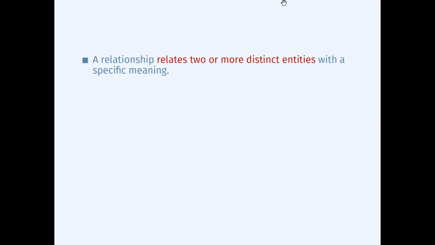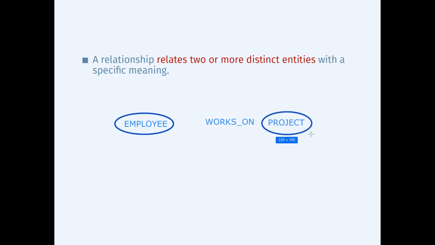So we will have, let's say, employee. So I'm going to type employee, okay? Employee. And then we have work on project, we can say project. And the relation should be something like works on. So we can have employee and we can have project.